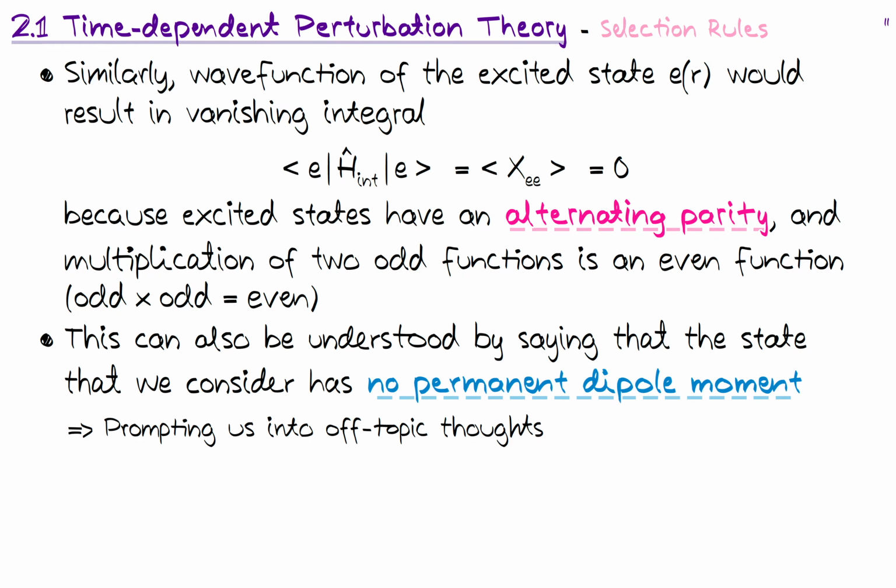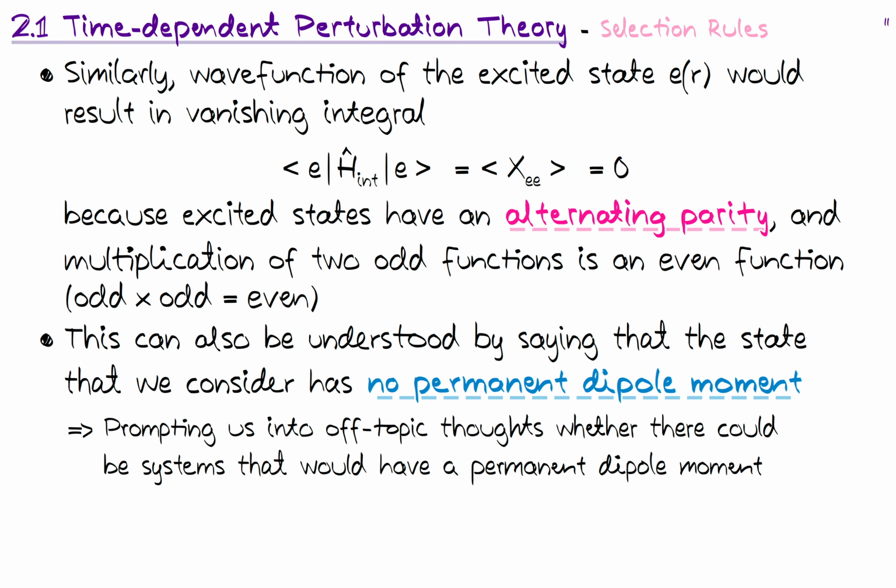Of course, if we branch out into off-topic considerations, we could start thinking about whether there are systems that would have a permanent electric dipole moment, even with just an electron residing in a ground state. One starts thinking of ferromagnetic materials: are there materials that would have a permanent electric dipole moment within a ground state? Are there electret or ferroelectric materials?